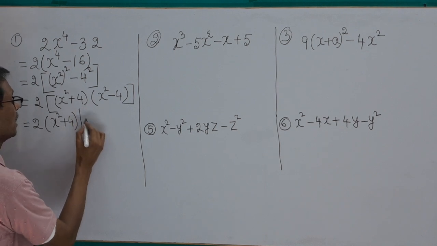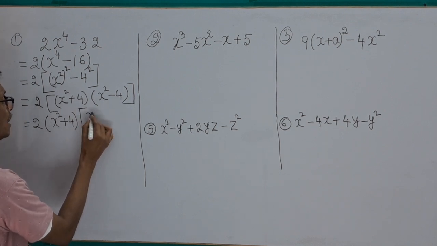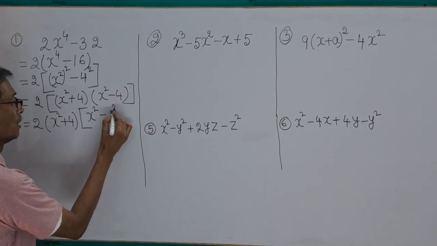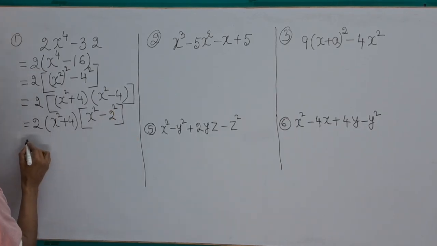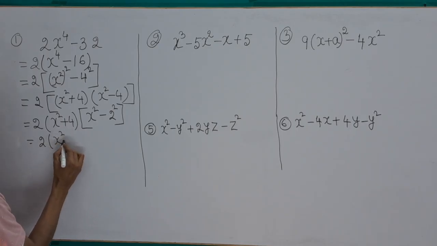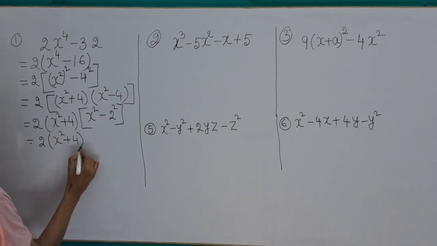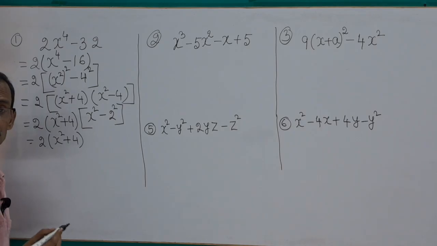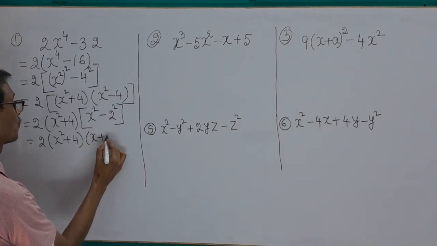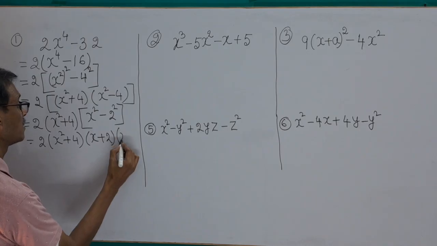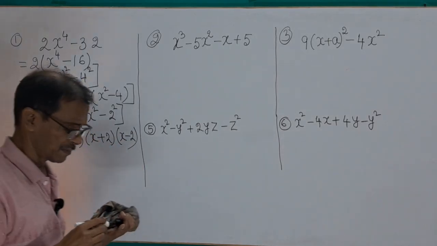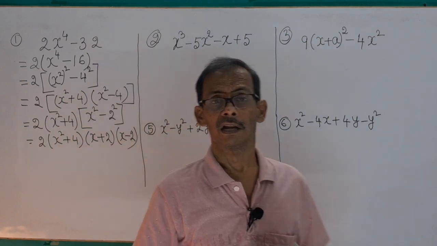Now x square minus 4 you can write as x square minus 2 square, isn't it? So further, 2 into x square plus 4, and you know how to factorize x square minus 2 square: x plus 2 into x minus 2. I think these things you have done already in lecture 1.